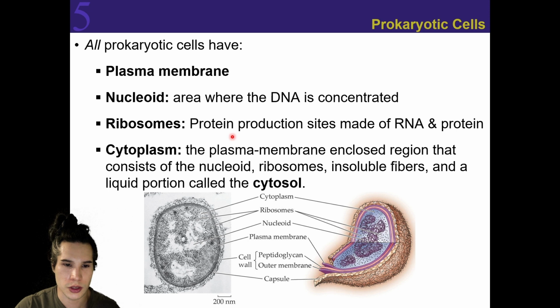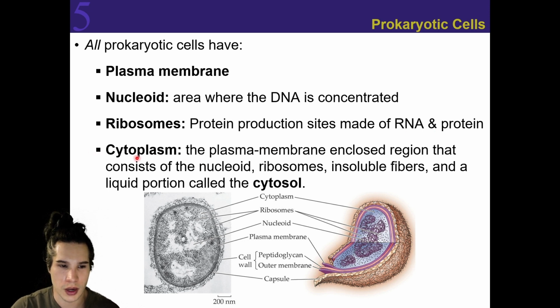And then they also have ribosomes. Those are going to be the protein production sites. Those are going to be made out of RNA as well as proteins. Remember, they're made out of a functional nucleic acid as well as protein parts.